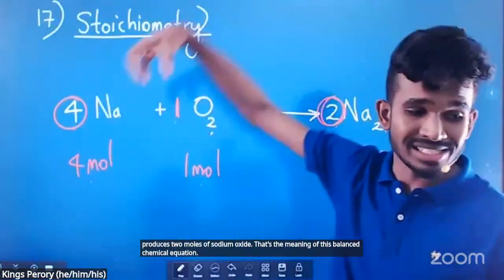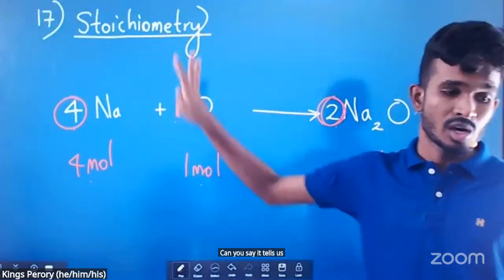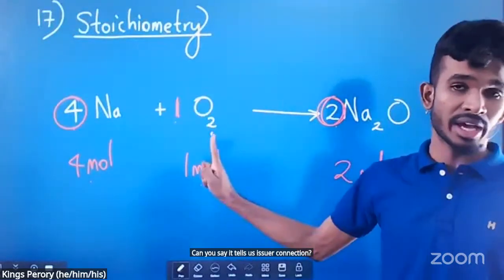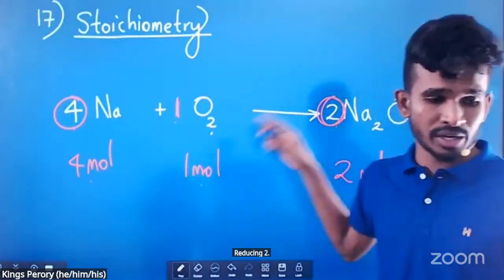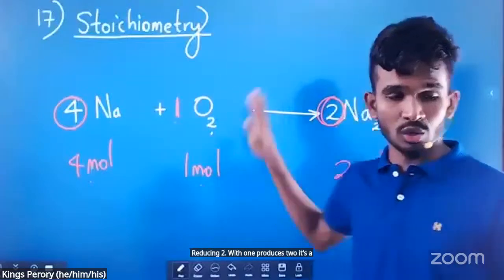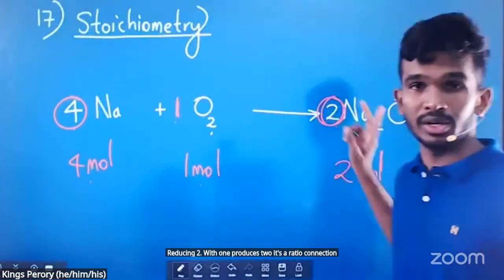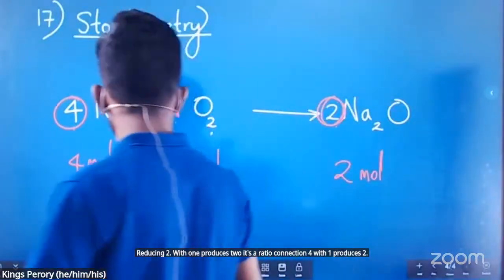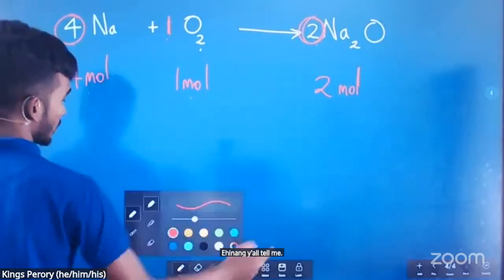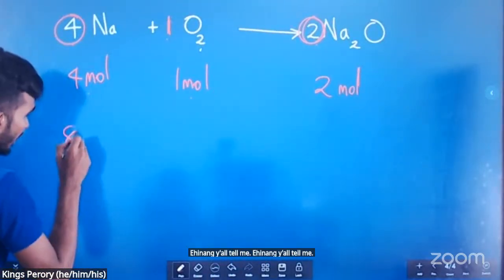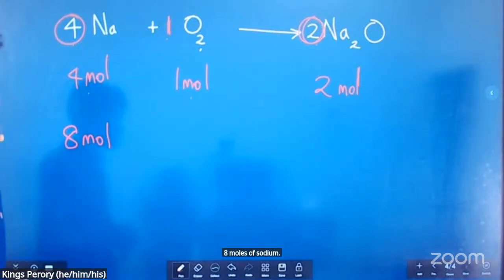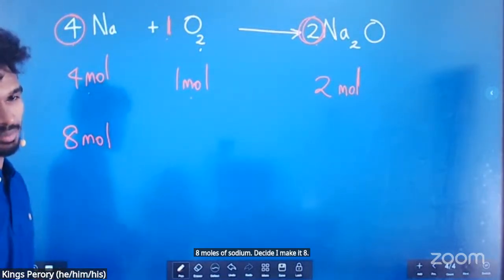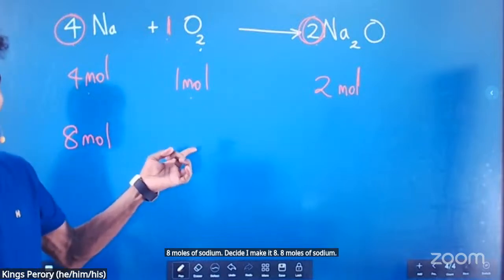Can you say it tells us a ratio connection? 4 reacts with 1 producing 2. It's a ratio connection. Now I make this side 8. 8 moles of sodium needs how many moles of oxygen?